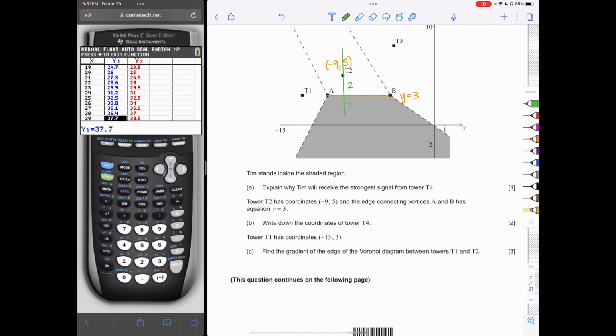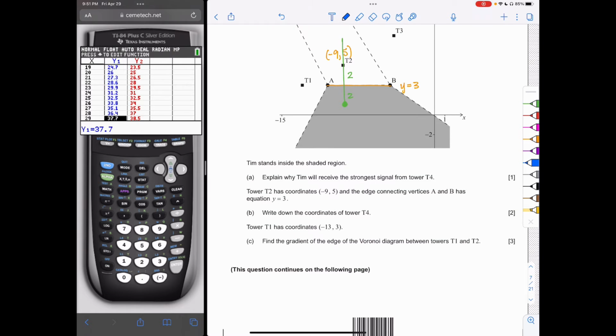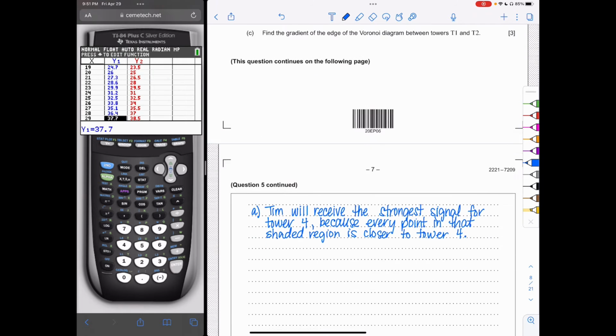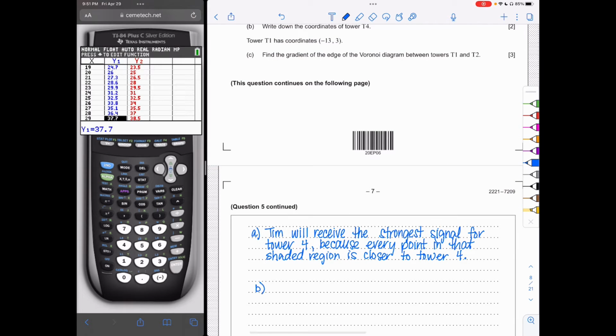So if I want to go 2 the other way, that means that if I'm at 3 and I go down 2 more, I'm going to now be at 1. So I could easily say that this is Tower 4, and Tower 4 is located at negative 9, 1 here. So negative 9, 1 will be my answer for B.